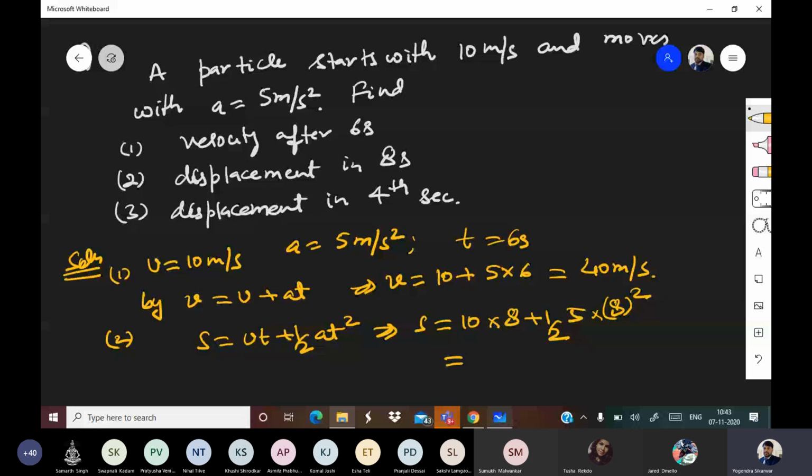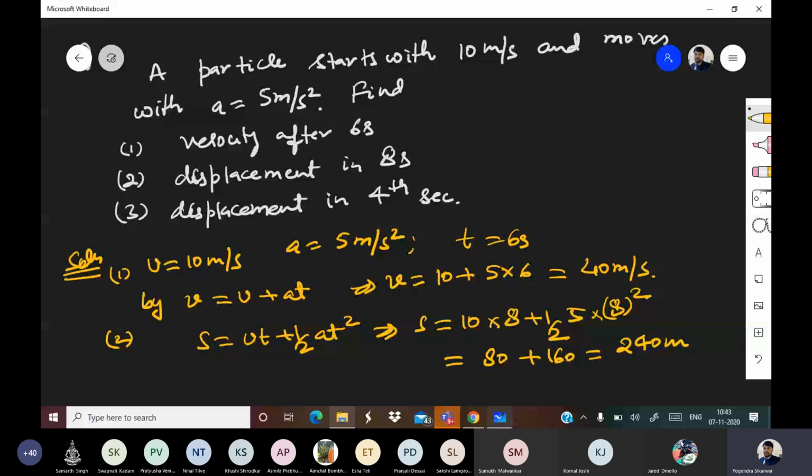That will become 80 plus 8 square is 64 divided by 2 is 32. 32 into 5 is 160. So that becomes 240 meters.